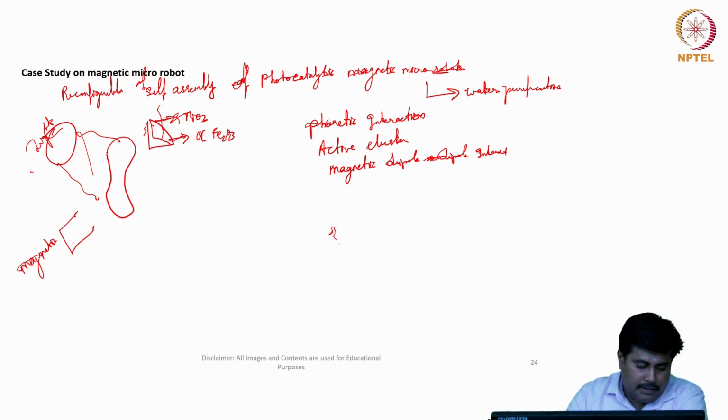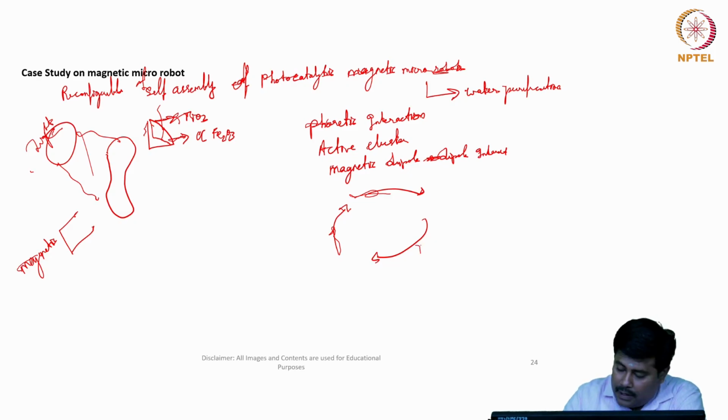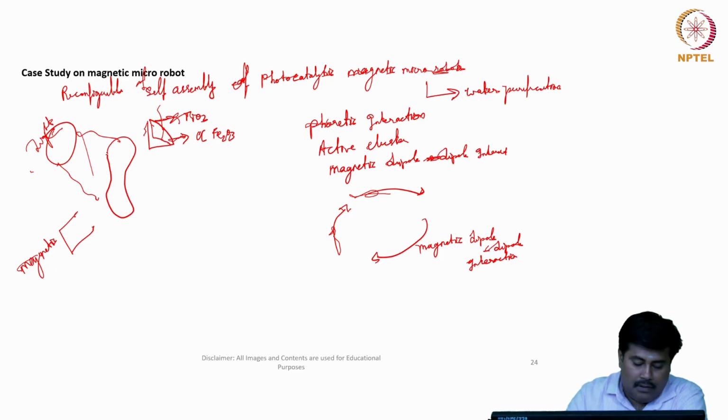So ideally it forms a chain. This is a kind of magnetic dipole-dipole interaction. These are kind of active clusters, and this is a kind of phoretic interaction.